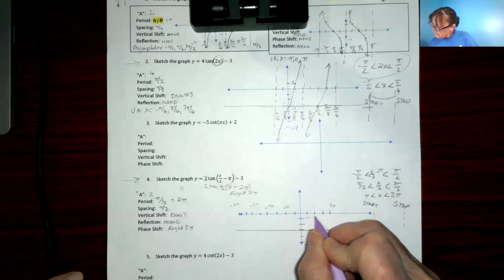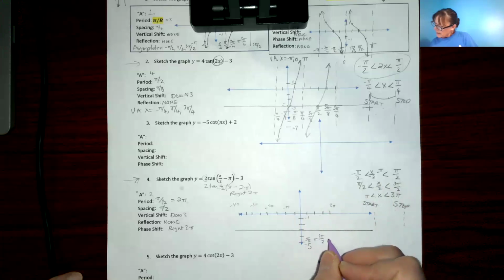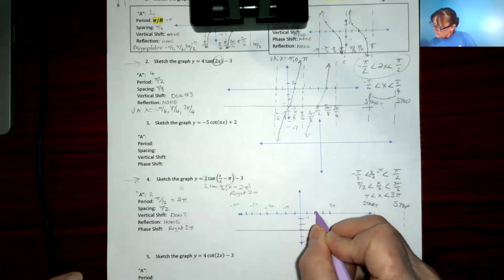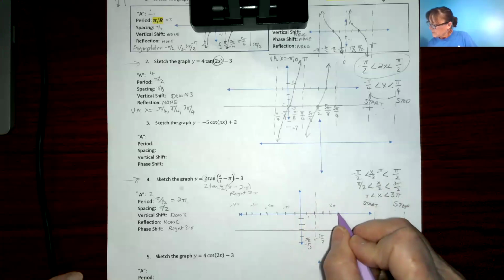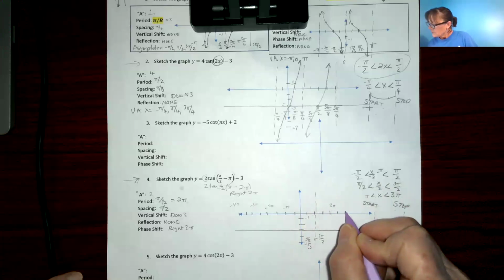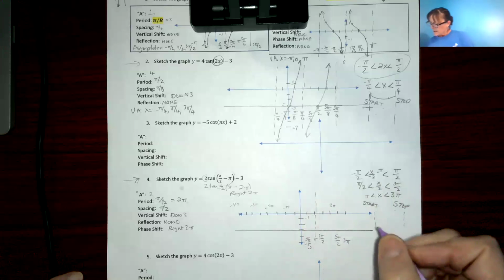So if this is pi over 2, it's pi, this is 3 pi over 2, this is 2 pi. We're going to start here. This is going to be my first asymptote. Let me mark this up a little bit more. 5 pi over 2, 3 pi. Okay, ready? Here we go.